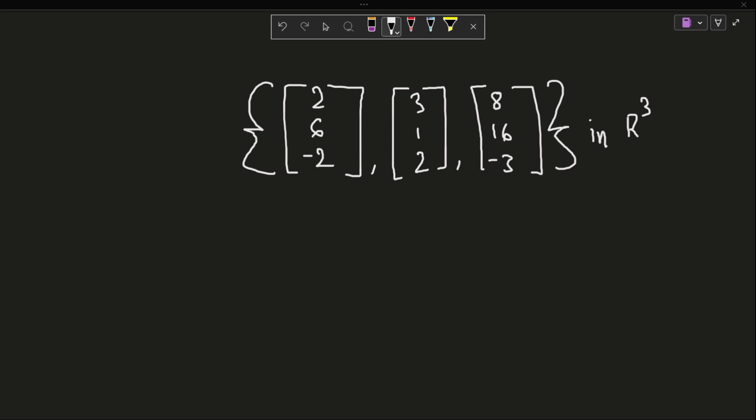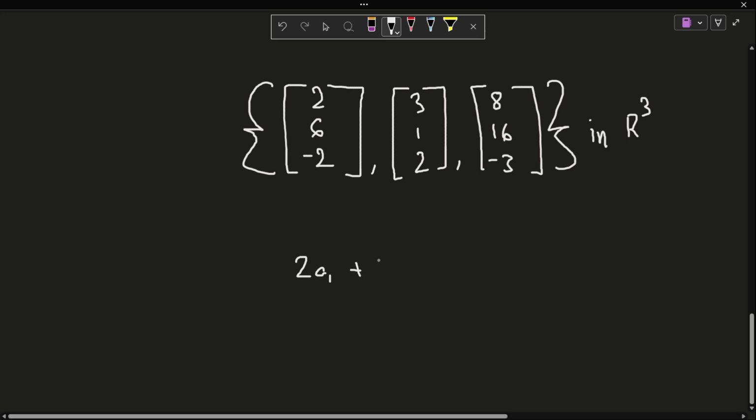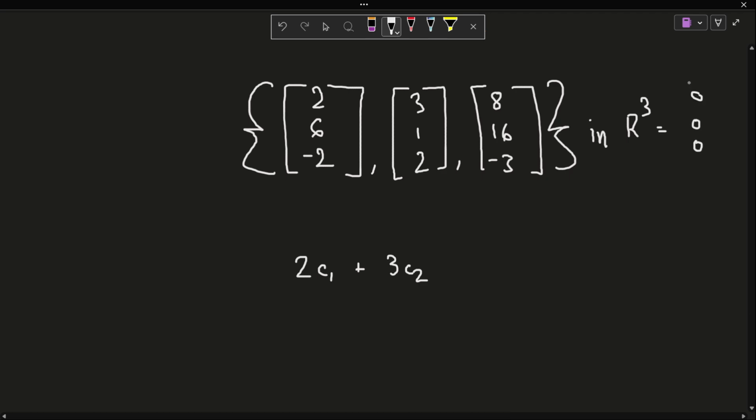And this is going to be linearly dependent. The reason why is, if you take a look at this, what you're going to get is 2c1 plus 3c2. Basically what we're doing here is setting these equal to 0, so this is going to equal (0, 0, 0).